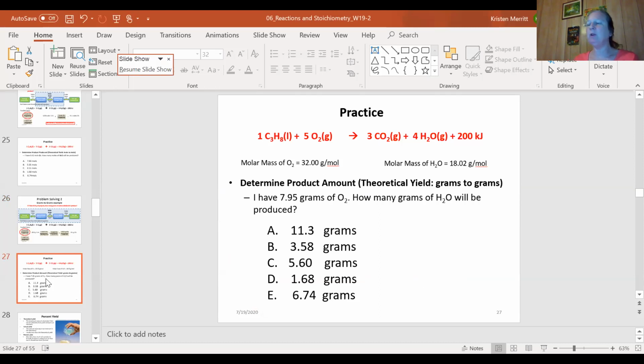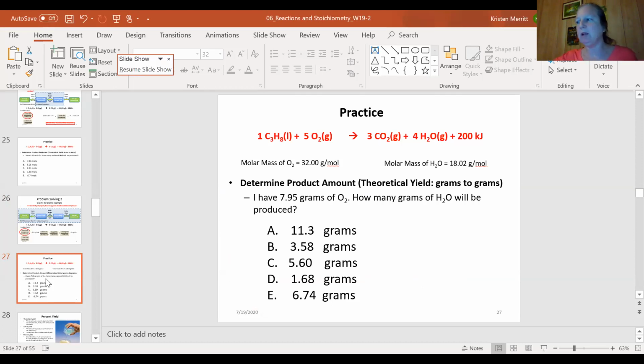Okay, this is the same type of question, but this time we're starting with the other reactant, with oxygen. So it doesn't really matter what you start with, and you can work backwards. If you're given an amount of product and asked something about the reactant, you handle it the same way.